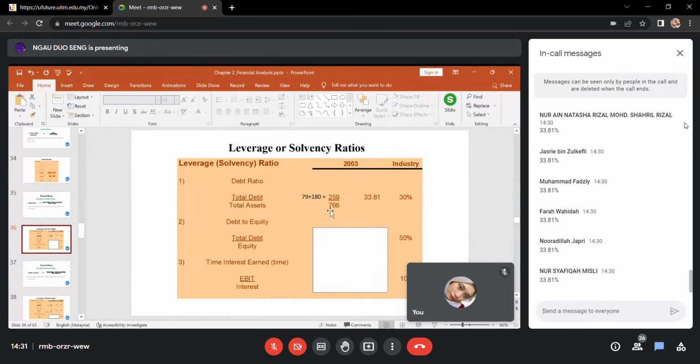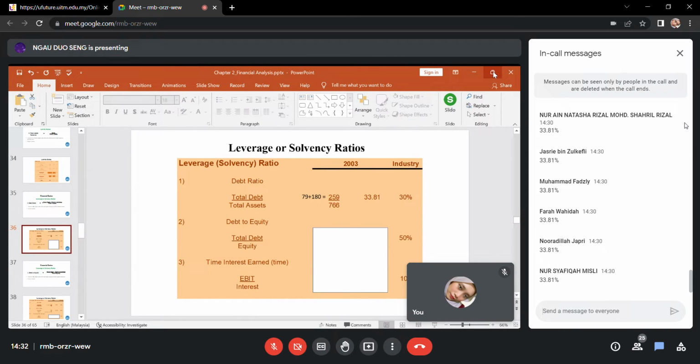Divided by the total of 766, we have 33.81%, correct. Then we compare with the industry. We say lower is better, lower meaning you borrow less. As compared, you have 3.81% higher than the industry.